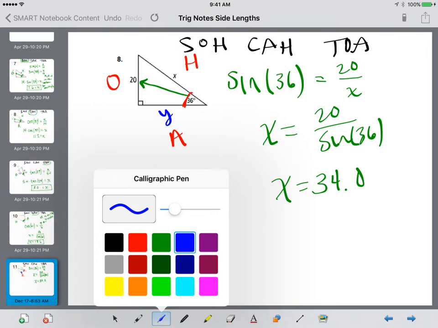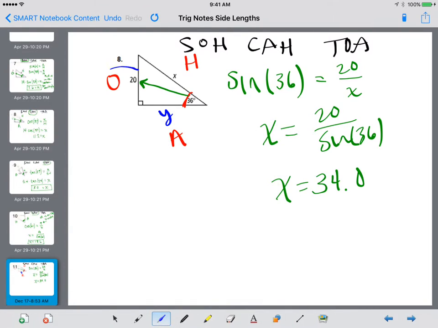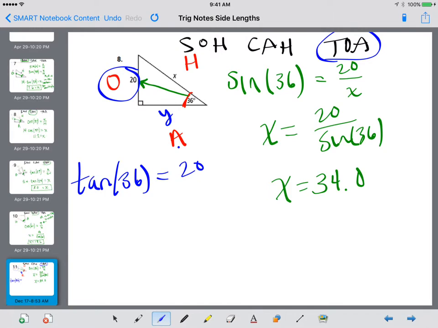Now, let's find y. Well, if I know that that's exactly 20, let's use it. So we're going to use opposite and adjacent, which would be tangent. So the tangent of 36 is going to equal 20 over y. Numbers on the top again, so y is going to equal 20 divided by the tan of 36.